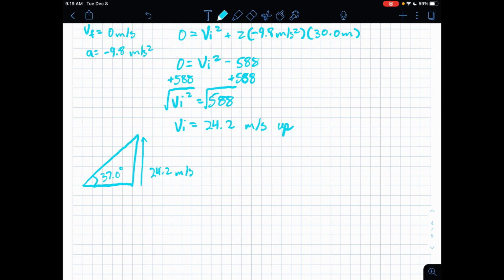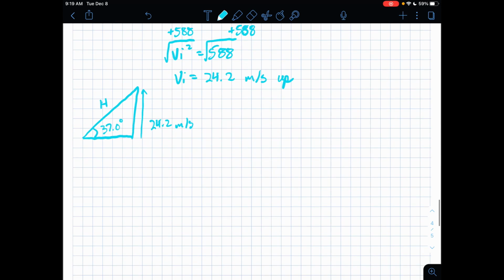So now that you know this, if you're looking at the triangle, you realize, oh, I need the hypotenuse, and what I have is the opposite side as well as an angle. So with that, you know that you're going to have to use sine. However, this is going to be a little bit different because instead of trying to find the opposite side, you're trying to find the hypotenuse.